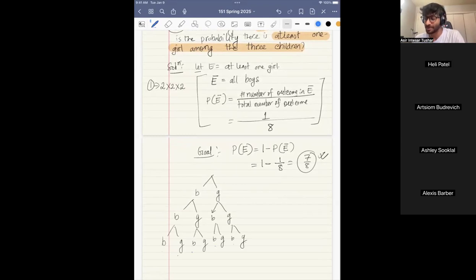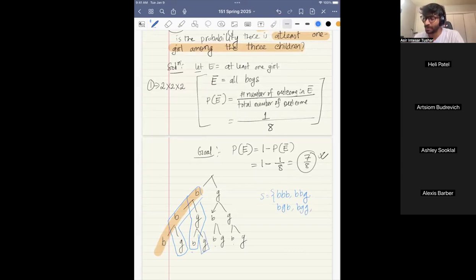We have 8 outcomes. So the sample space would be boy, boy, boy; then boy, boy, girl; boy, girl, boy; boy, girl, girl, and so on.